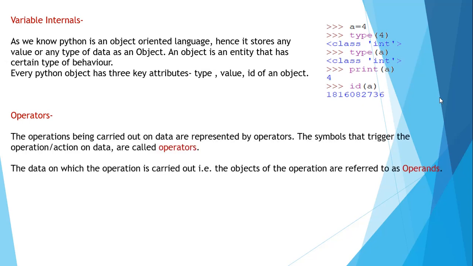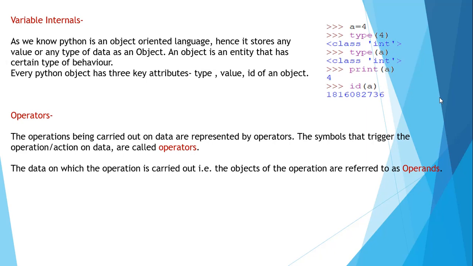The operations being carried out on data are represented by the operators. Whatever operation you are going to perform on those data sets is represented with the help of these operators. The symbols that trigger the operation or action on data are called operators.